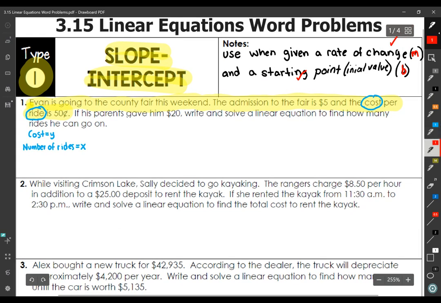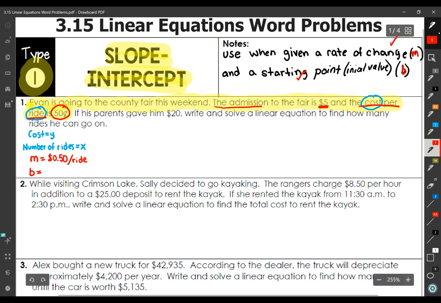First, let's identify the rate of change. What is m given to us as? If we look at the cost per ride, it tells us it's 50 cents. Remember that the other money we're talking about is in dollars, so I'm going to write 50 cents in terms of dollars. My rate of change is $0.50, which is 50 cents per ride. Now, what's our initial value?